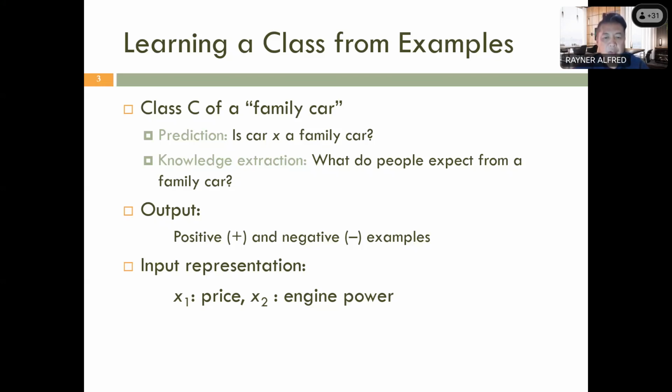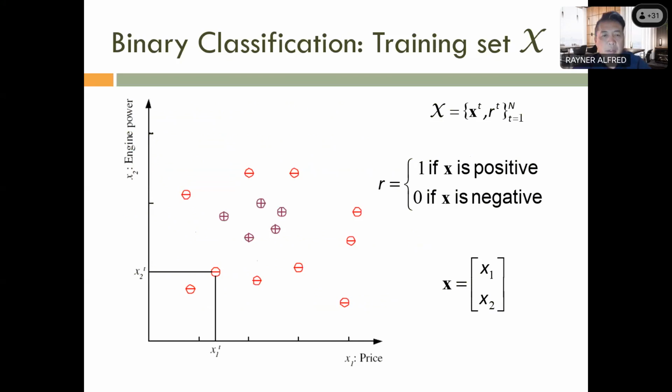So what we have here is X and Y. X is the price and Y is the engine power. Based on what we have in our sample data, all the positives are around here.